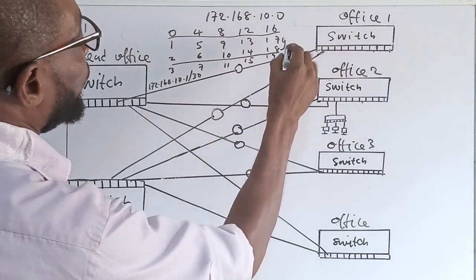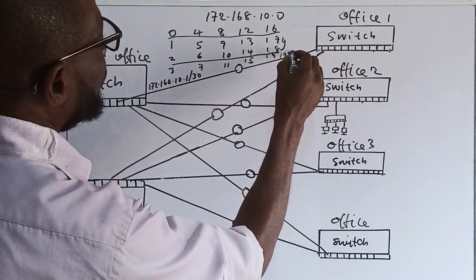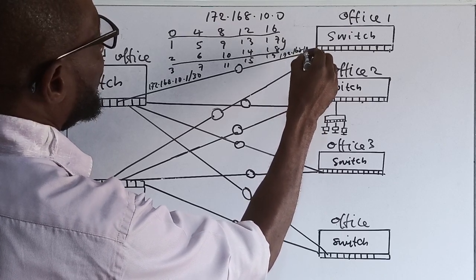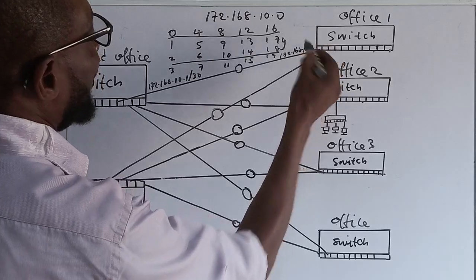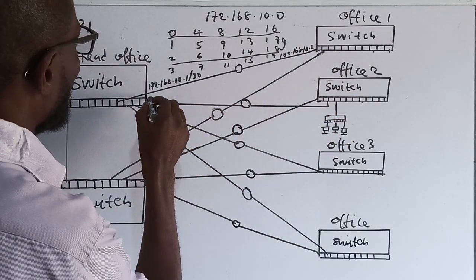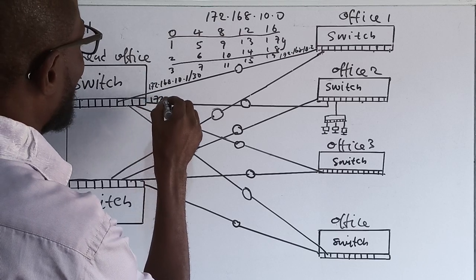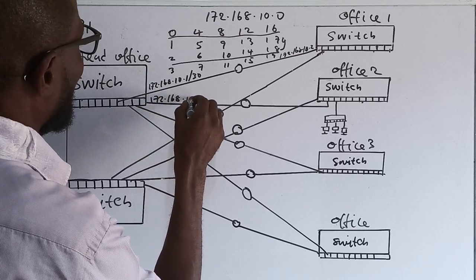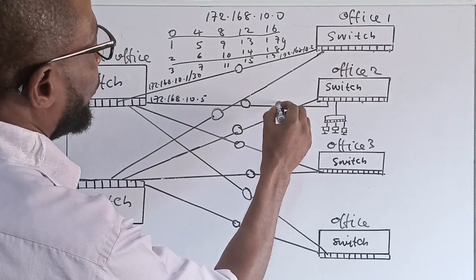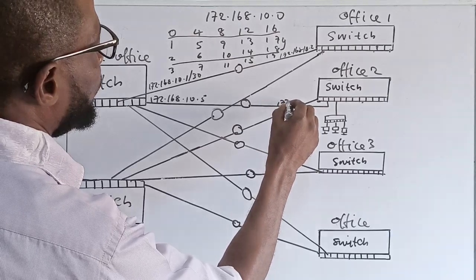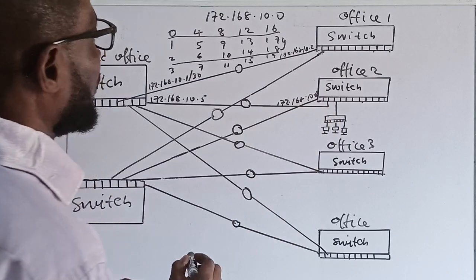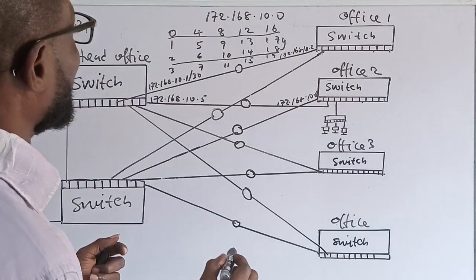This IP address must be 172.168.10.1/30. You go here, 172.168.10.2/30. Then you come here again and put 172.168.10.5, and you go here and put 172.168.10.6, the links.